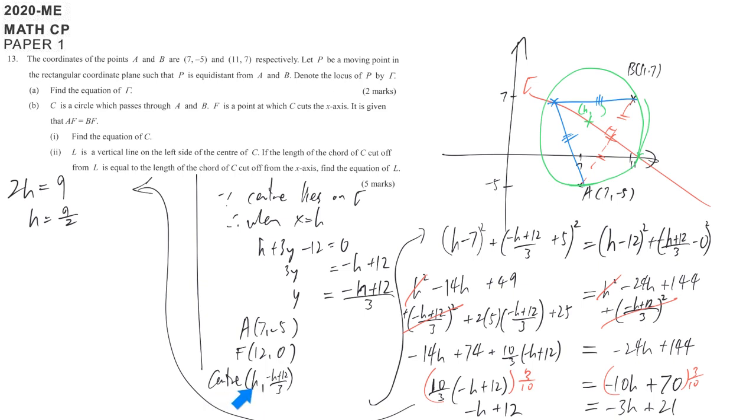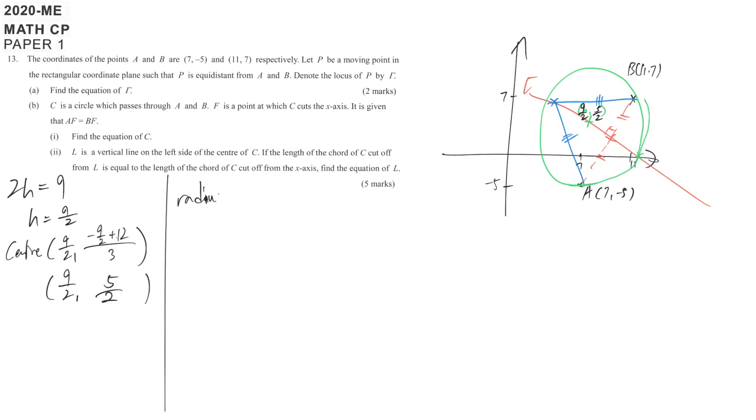When h is equal to 9 over 2, we can get the center's y coordinate. So it's 5 over 2. Now we have the center. We still need to find the radius. Then we can get the equation of the circle. So the center is (9 over 2, 5 over 2).